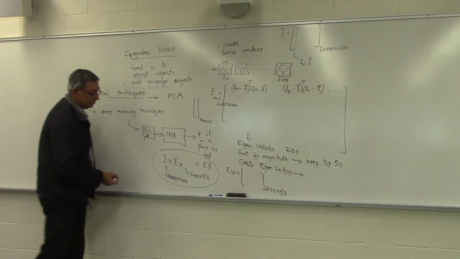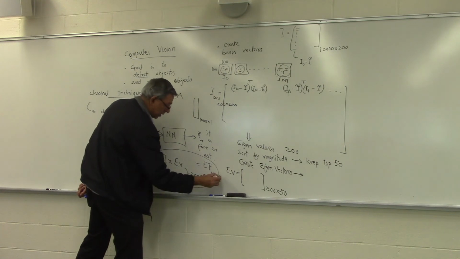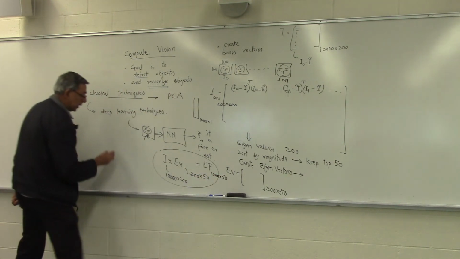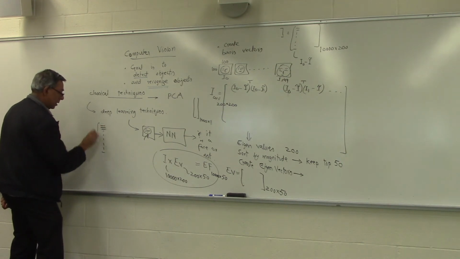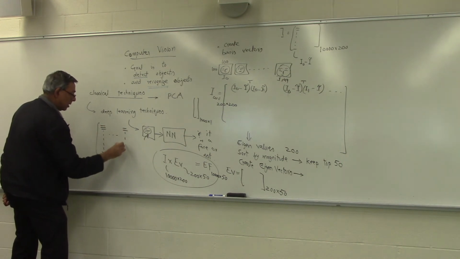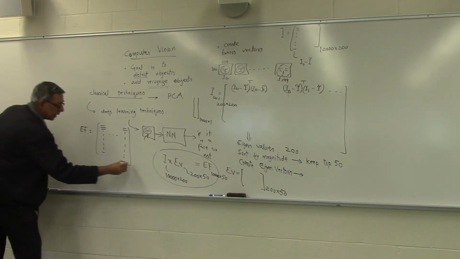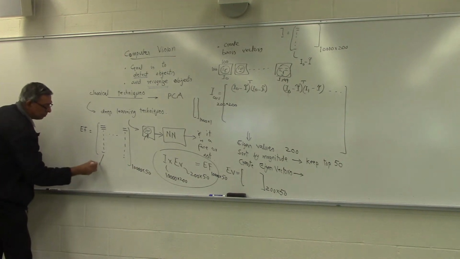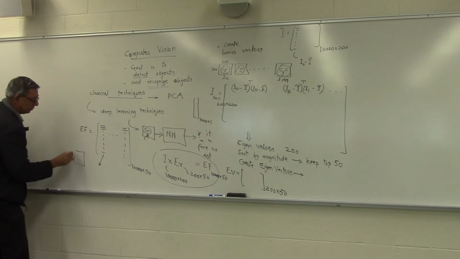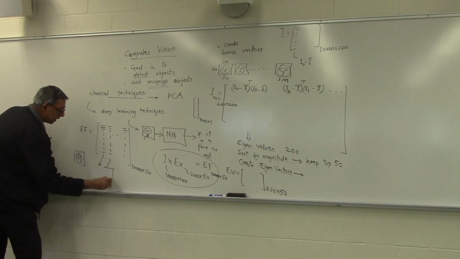Okay, so our EF matrix will be basically 10,000 by 50. And if we looked at each one of these, you will see it will be like a ghost-like face. Second one, ghost-like face.